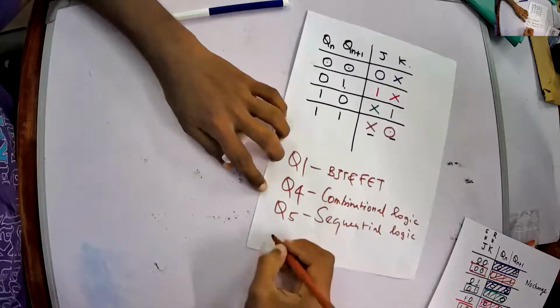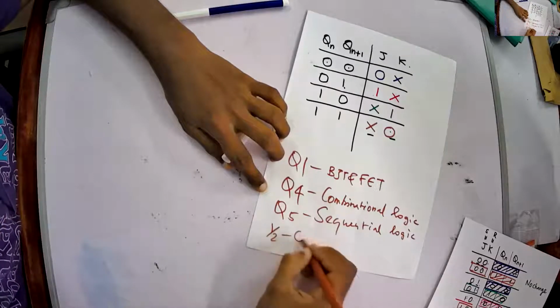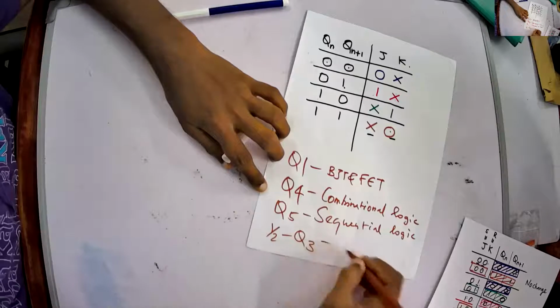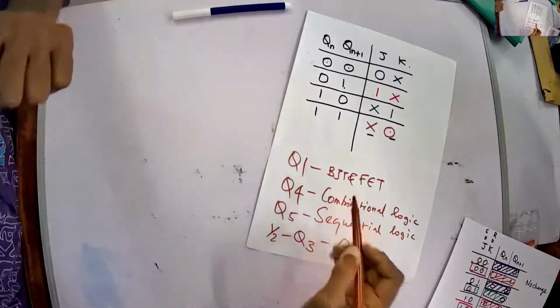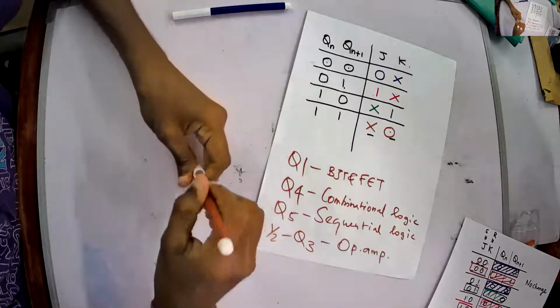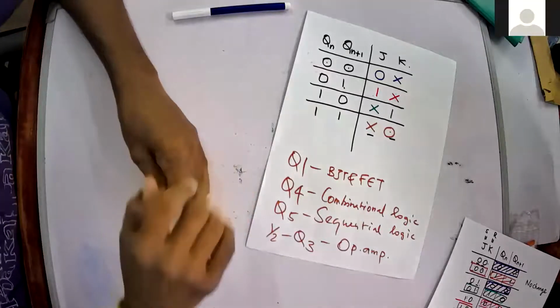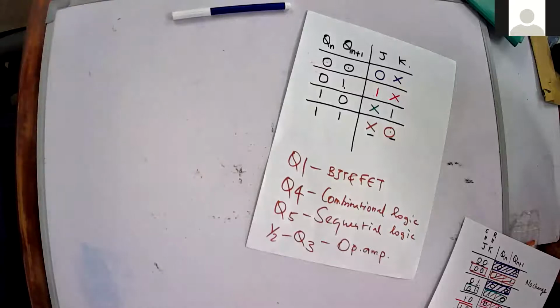And you are able to do half of question number 3, which is op-amp. So we have 1.5 units left. Clear?